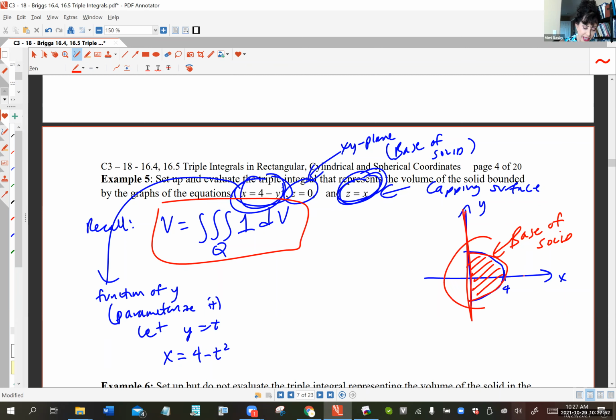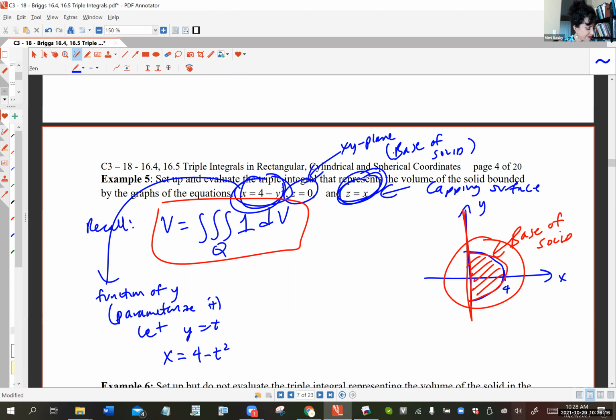Because this base is the type of region that lends itself better to horizontally simple, I'm going to use the dx dy order of integration instead of dy dx. You still could use dy dx, but it's a little bit yucky.